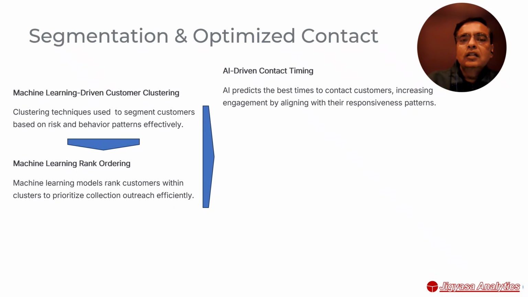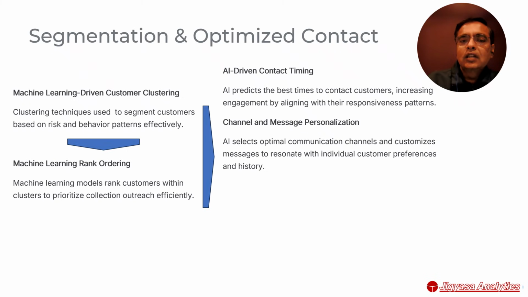So then you can have AI driven contact timing, the best time to reach these individuals. You can have a better personalized message, what would be the most effective channel to reach out to them, and what should the message be like, what should the message sequence be like.